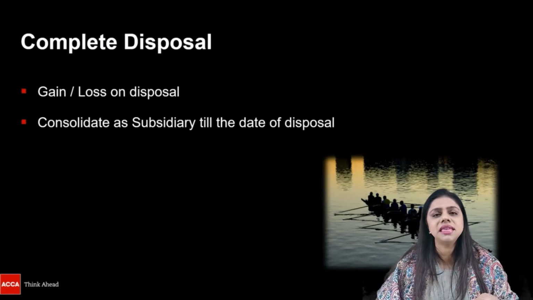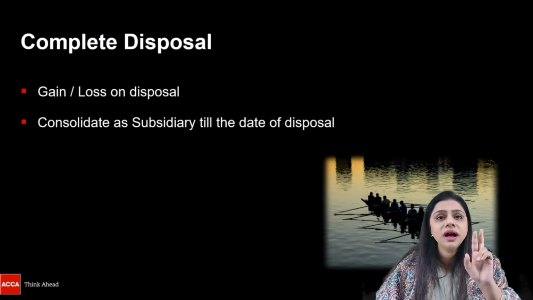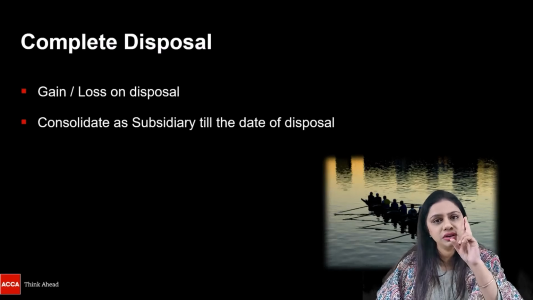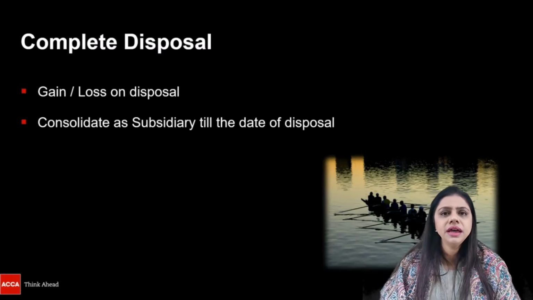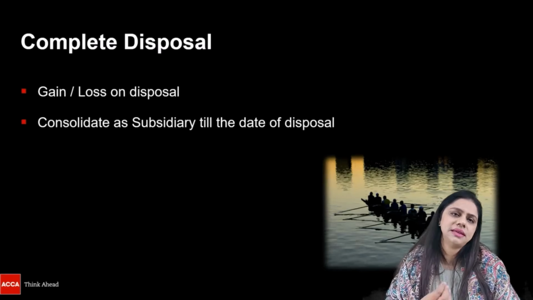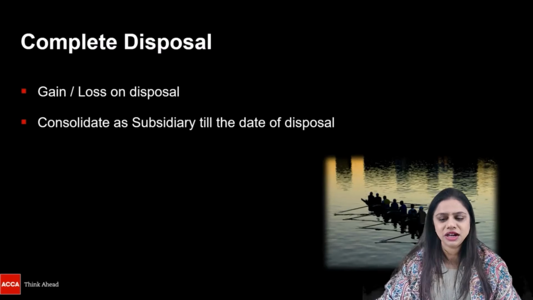So even if the subsidiary was a subsidiary for 1 month, you have to show the consolidation for that 1 month. If it was more, that is also there, but you have to consolidate the subsidiary following all the basic consolidation procedures till the date of disposal. After the disposal, the situation is going to change.